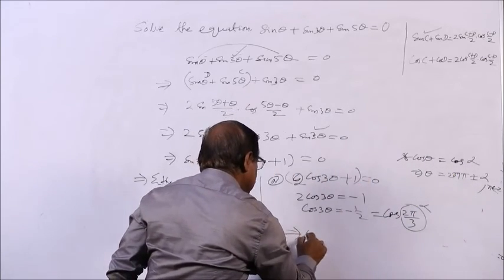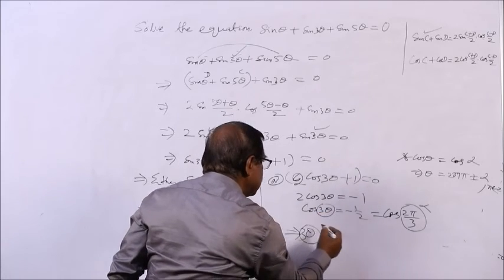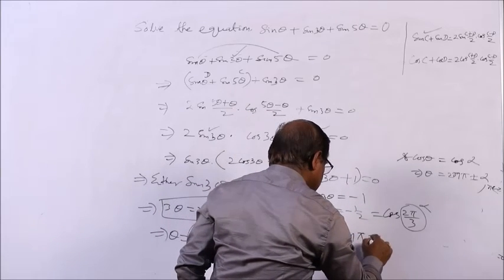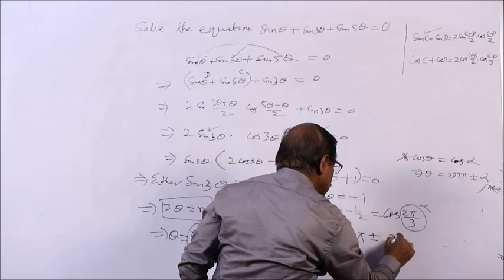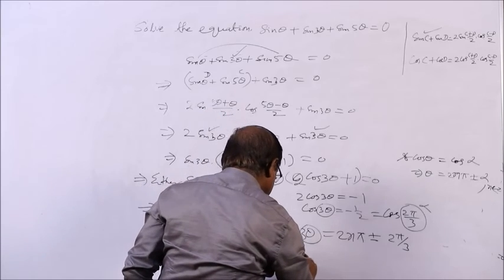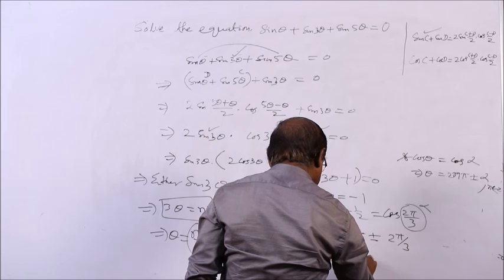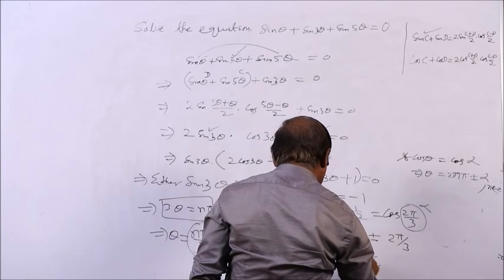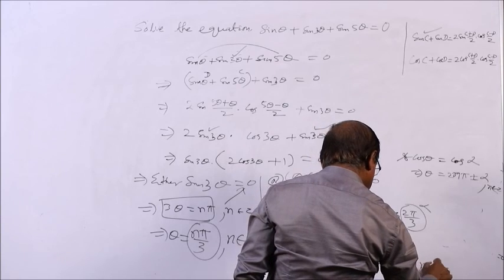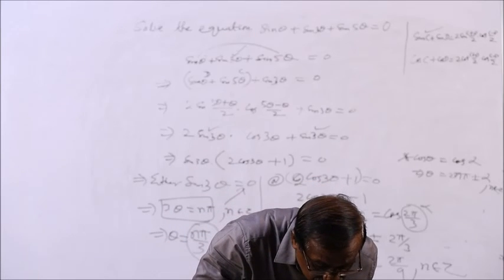So, theta is 3 theta here. 3 theta is 2 n pi plus or minus 2 pi by 3. But we are interested in theta, not in 3 theta. So, theta becomes 2 n pi by 3 plus or minus 2 pi by 9, n belongs to Z. So, this is over, we have got the answer.